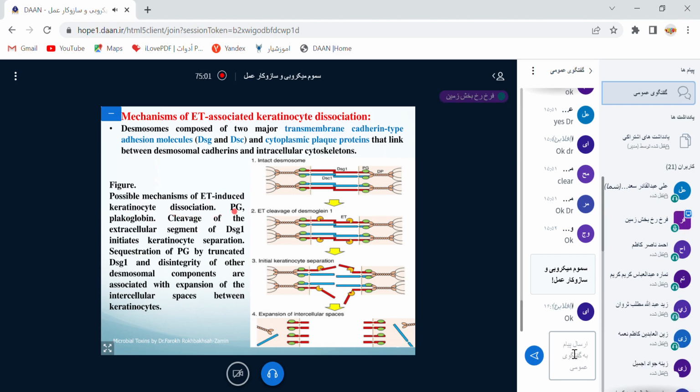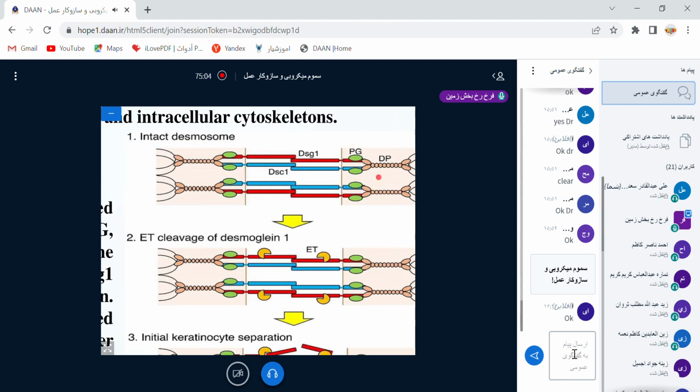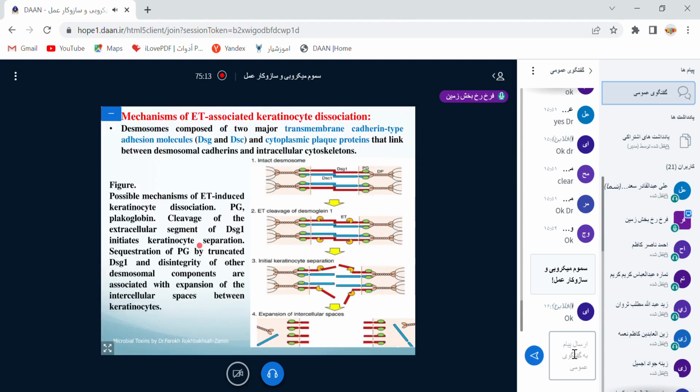Figure: possible mechanism of exfoliative toxin induced keratinocyte dissociation. PG. What is PG? Here, this green one in the cytoplasm, internal skeleton, okay? PG, plakoglobin. Cleavage of the extracellular segment of DSG1, the red one, initiates keratinocyte dissociation.